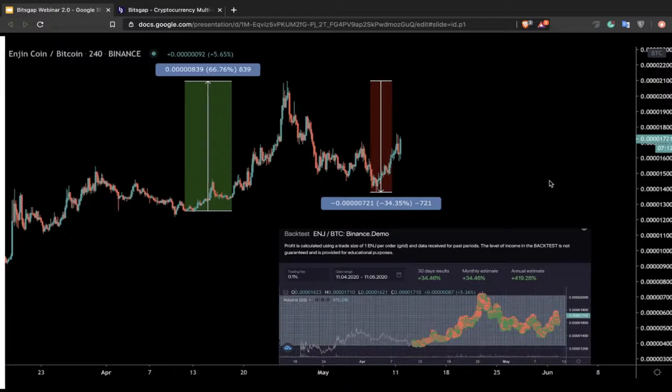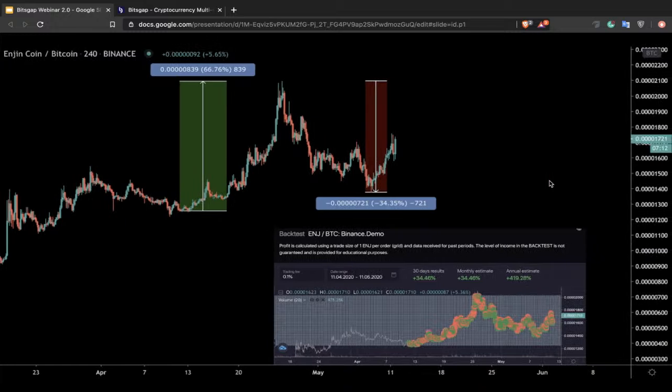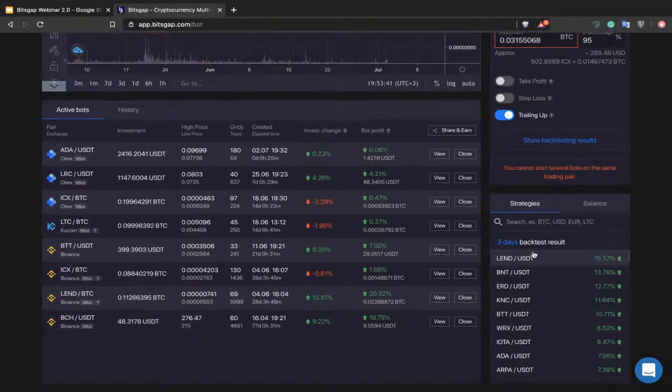And first of all, let me explain what backtesting stands for. I've already started to explain it when I was talking about the recommended strategies. I already demonstrated that they are based on the backtest results.